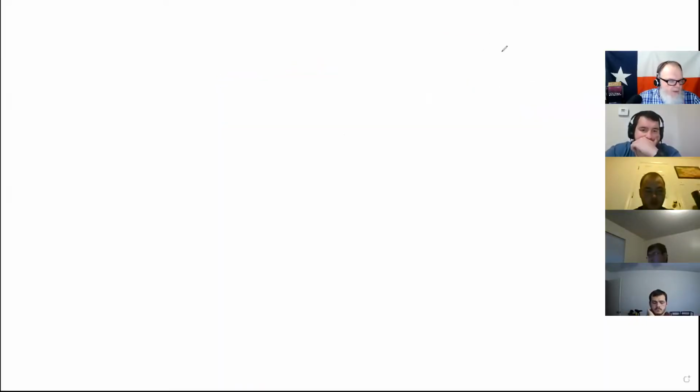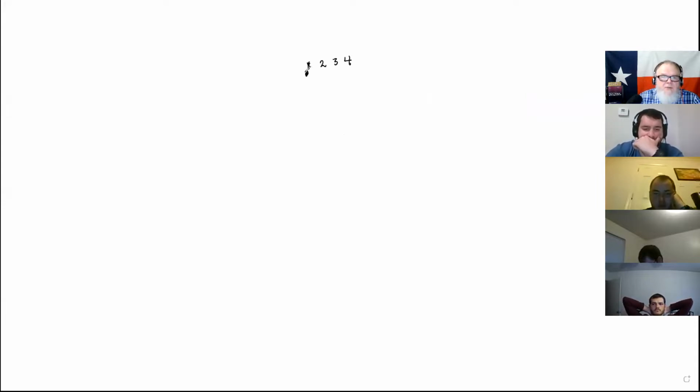We're going to start out with 4 different features: 1, 2, 3, and 4. And this 1, 2, 3, and 4, I don't know, it has some sort of Fisher distance associated with it. We won't worry about that. But the first thing we do is we drop number 2, so that we have 1, 3, and 4.